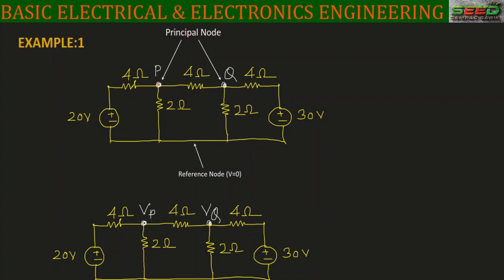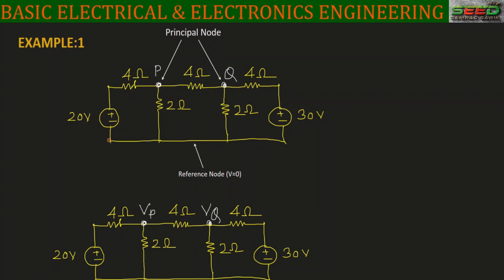So one can write this point as P and this point as Q, and these two are called principal nodes because here three elements are connected. At point P, 4, 4 and 2 are connected, and at point Q also 4, 4 and 2 are connected together.